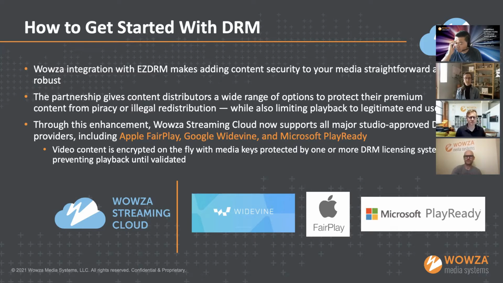If you're on an Apple device, not surprisingly, you have to use Apple FairPlay. If you're on a smart TV, a set-top box, or a Chrome browser, it may well require you to use Widevine or PlayReady. So we make sure it's possible to use all three simultaneously in order to protect your content for everyone that you distribute to and not have to limit your audience.